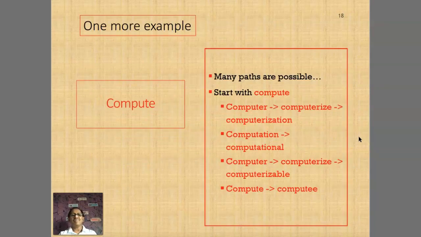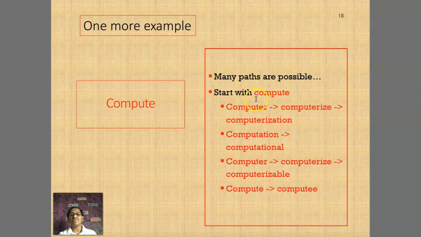Let's take one more example, which is more complex. That means a word can take more than one path to get different words. A word like compute, to calculate, right? It can take different paths.